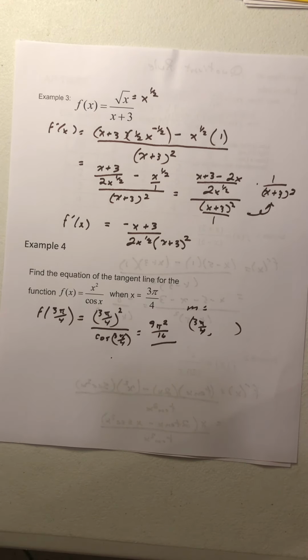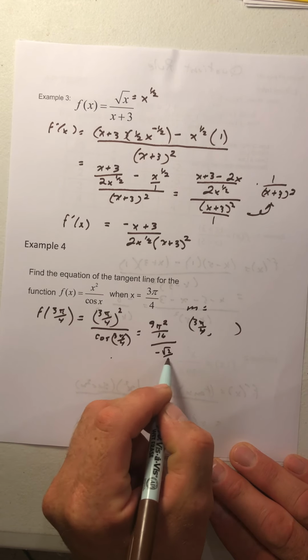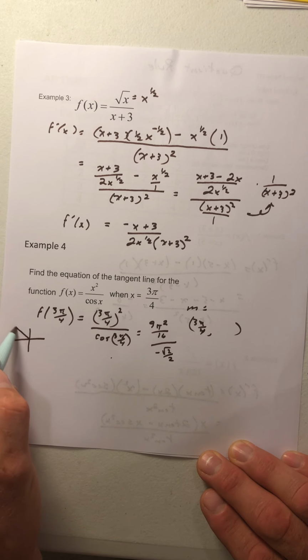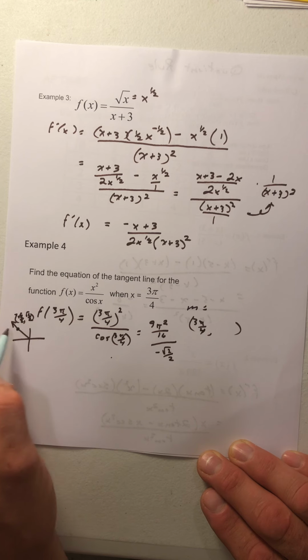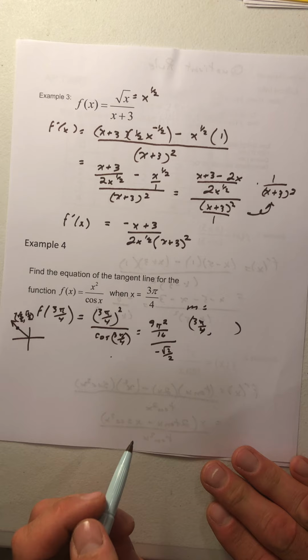Cosine of 3 pi over 4 is going to be the negative of the square root of 2 over 2. Hopefully you remember, go back to the unit circle. We're looking here, a nice 45-degree angle for our reference angle. That gives us negative radical 2 over 2, radical 2 over 2. Looking for the cosine of that, the x value gives us negative radical 2 over 2.